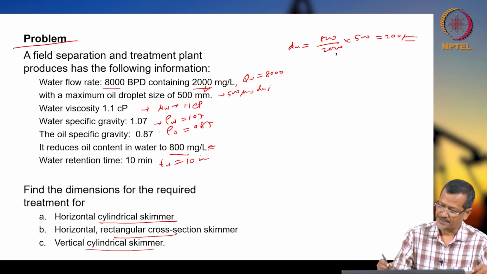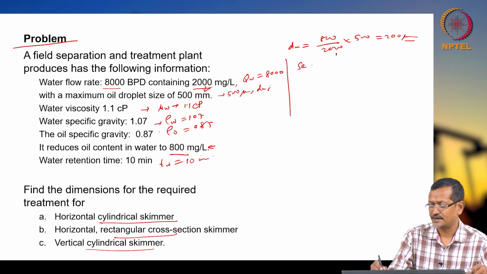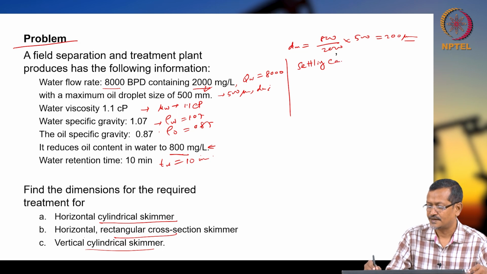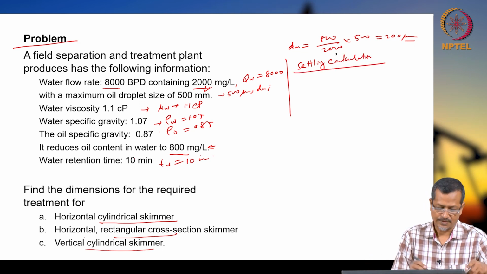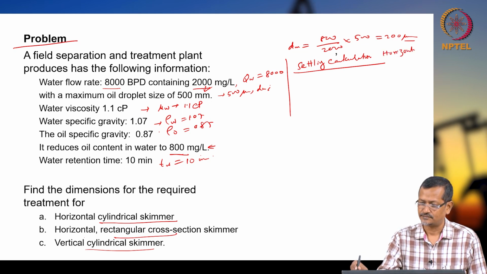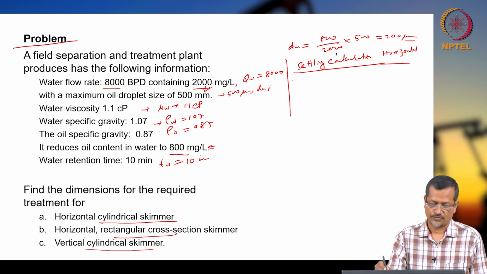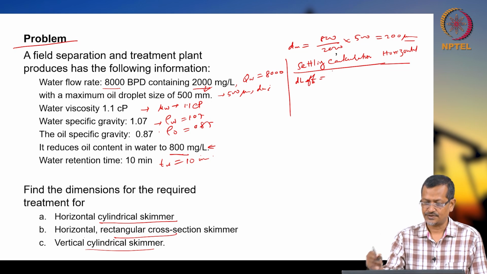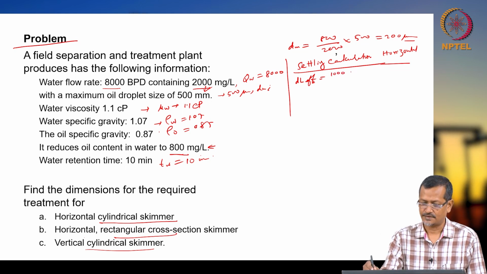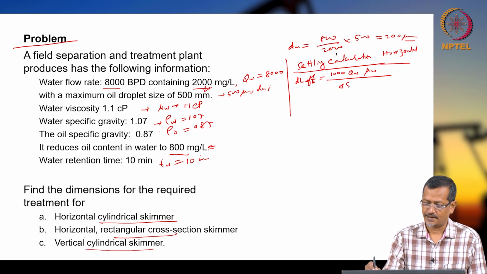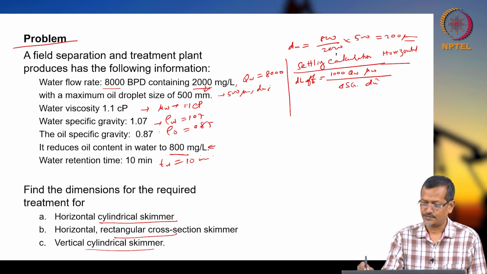And for settling, now we have two equations, a particle settling calculation based formula, for the horizontal cylinder. For that D LEFF you can go through the previous lecture. The formula is 1000 QW mu W divided by del SG dm square.